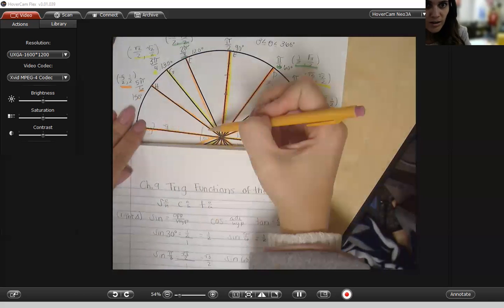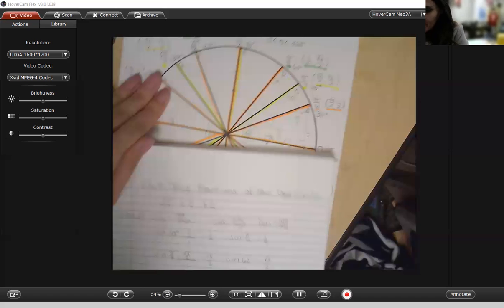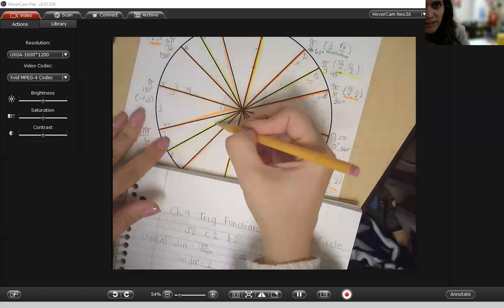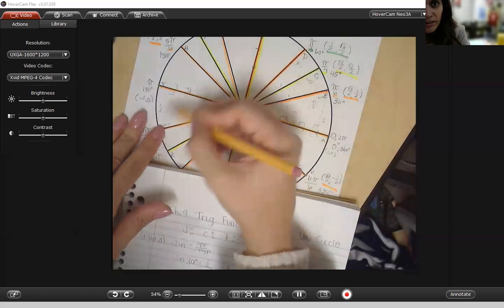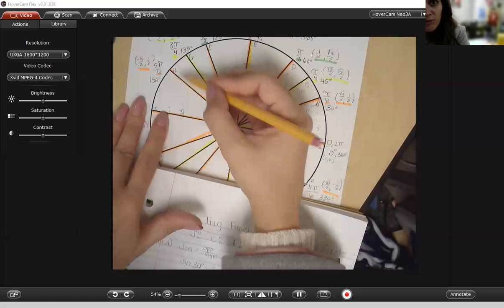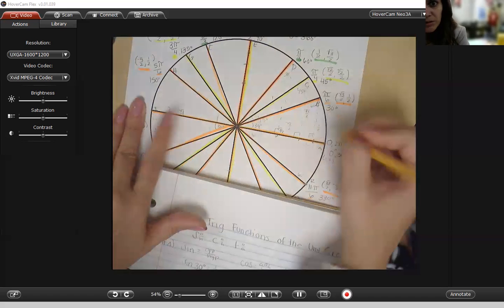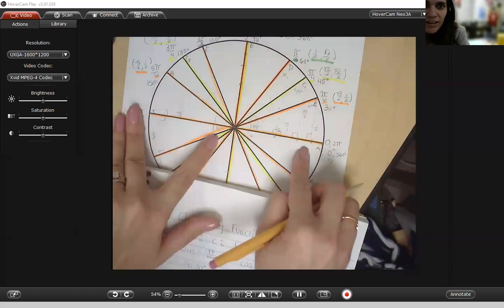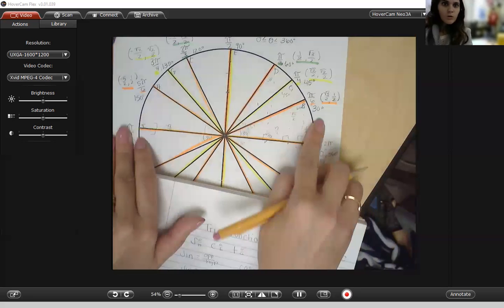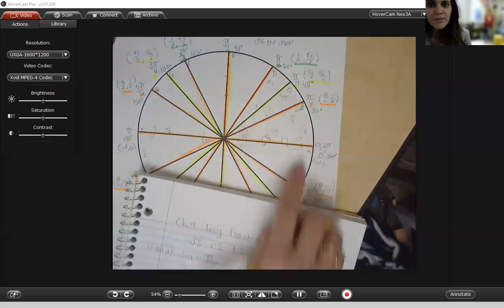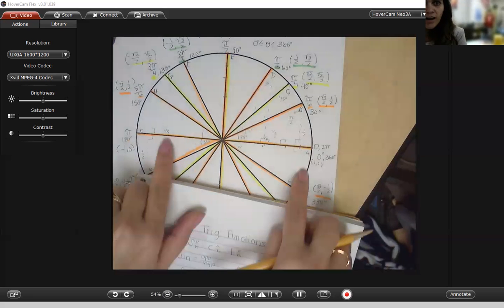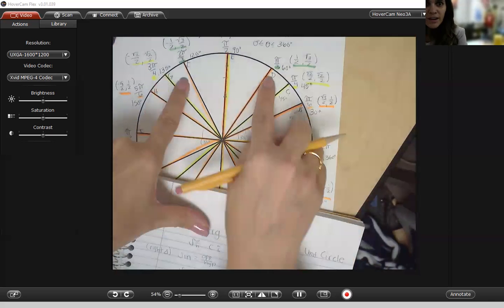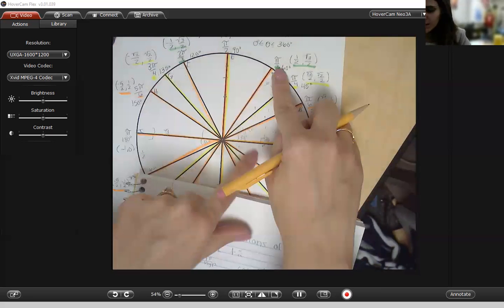No matter what triangle I create, the opposite side will always be the up and down value. How far did I go up or down? It will always be the opposite of whatever angle I'm trying to find. On a coordinate plane, the opposite side is always the y value. How far up and down did I have to go to get that opposite side of the angle?